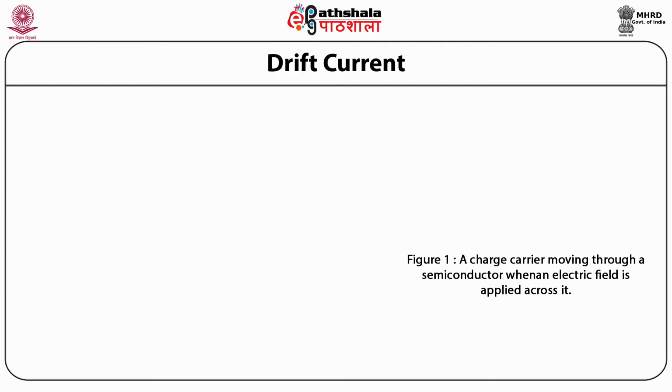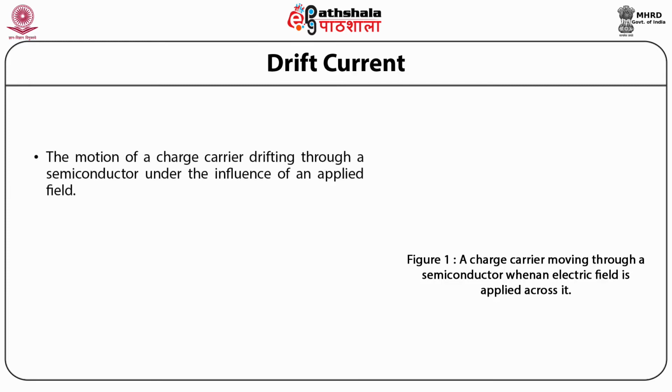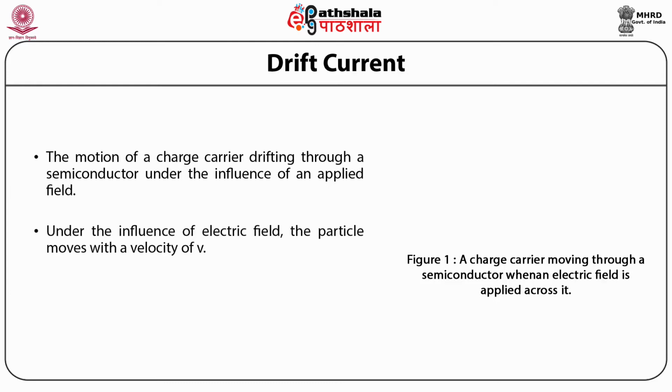Now the figure shown on the screen shows the motion of a charge carrier drifting through a semiconductor under the influence of an applied field. Under the influence of electric field, the particle moves with a velocity of v.